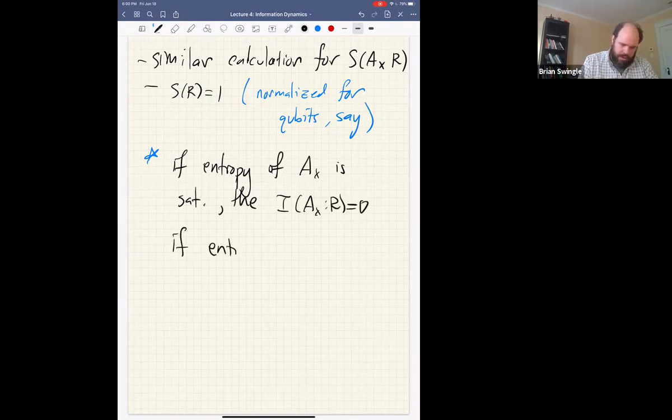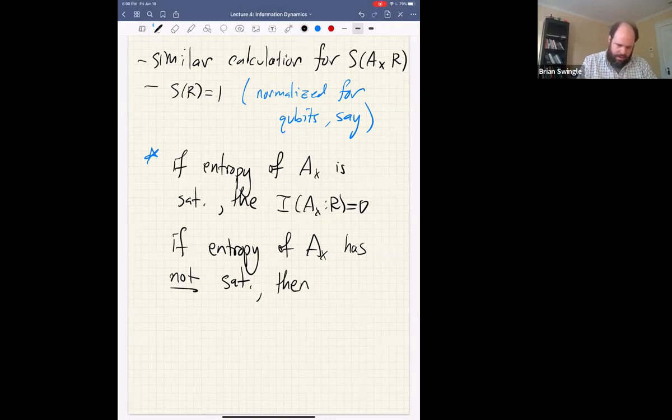And if the entropy of AX has not saturated, then the mutual information is 2. So in other words, if you look at a region that's big enough, so its entropy is still changing in time, then it is highly entangled with the reference. And so it contains the information that you put into that first law.